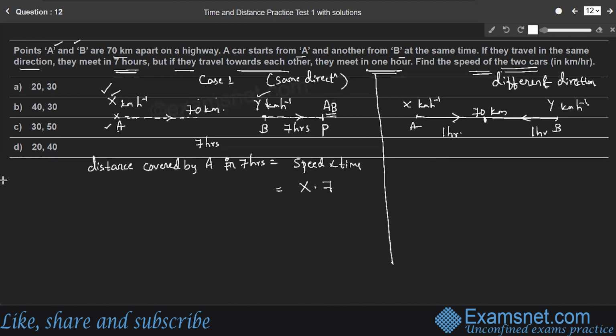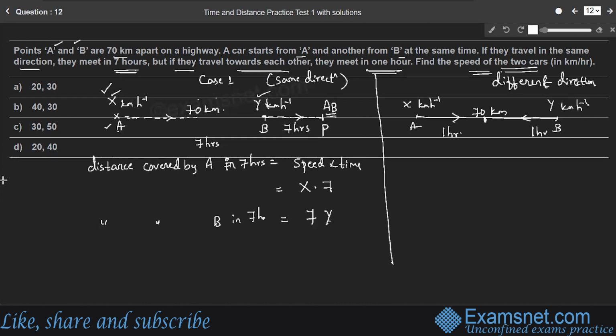So the distance covered by A in 7 hours is speed into time, 7x. Whereas the distance covered by B in 7 hours is 7 into y.